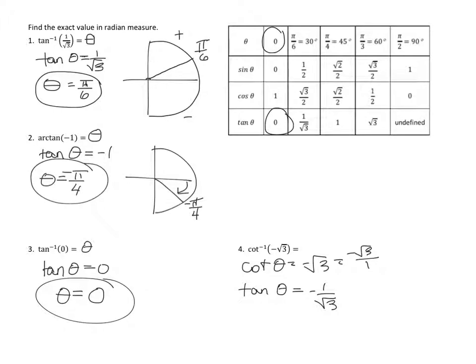This is what we want to find: what theta creates the tangent equal to -1 over √3? Let's find our reference angle. Where is tangent 1 over √3? That happens at pi/6. So my reference angle is pi/6. But remember, because the tangent was negative, our angle is negative, because the negative tangent lies in quadrant 4.